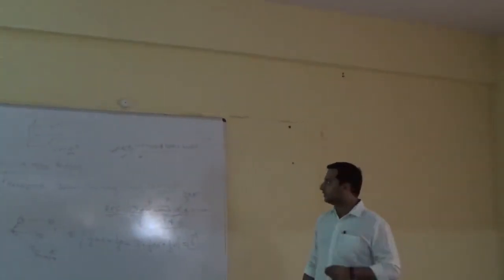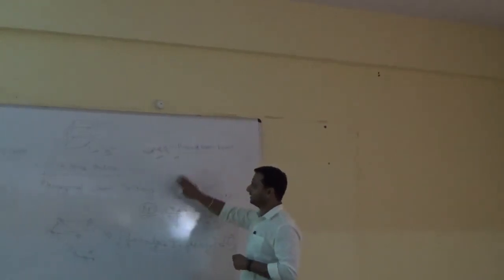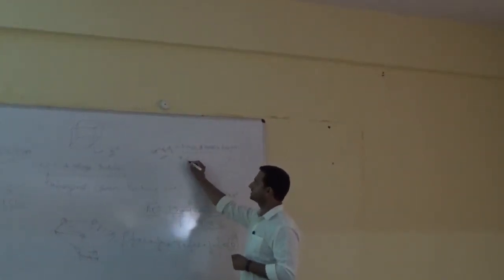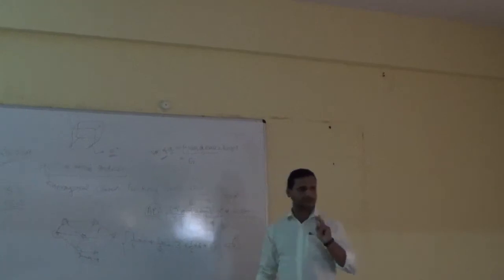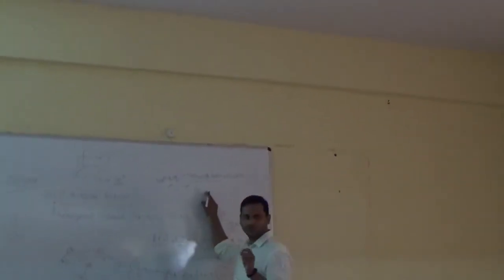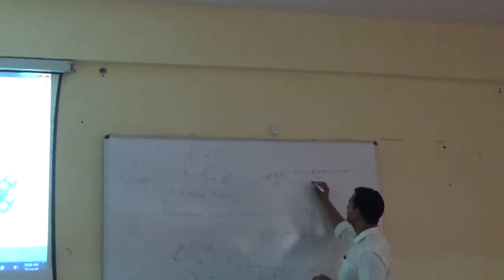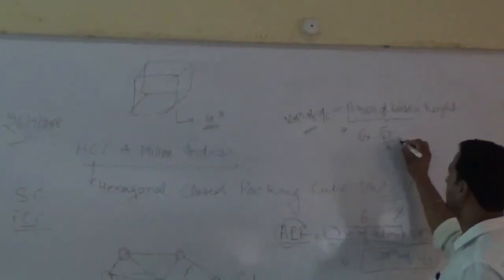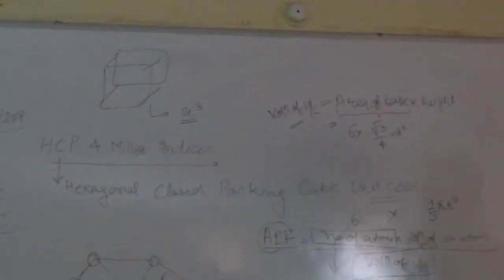6. So in simple words we can say that the area of the base is equal to 6 times the area of one triangle. Yes or no? Okay. And the area of triangle is equal to how much? Root 3 by 4 A square, where A is the side of the triangle.